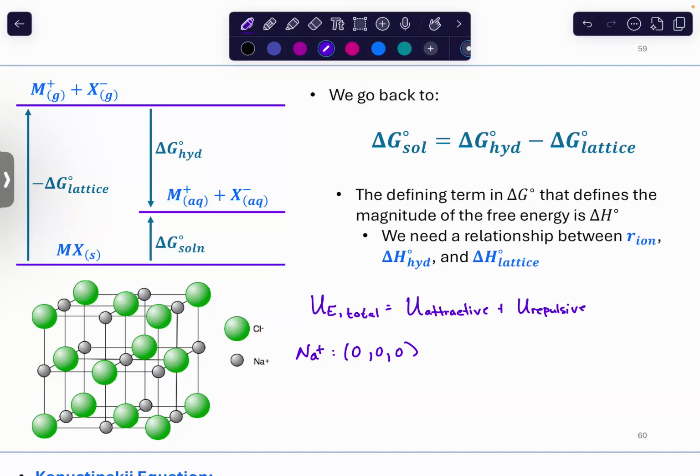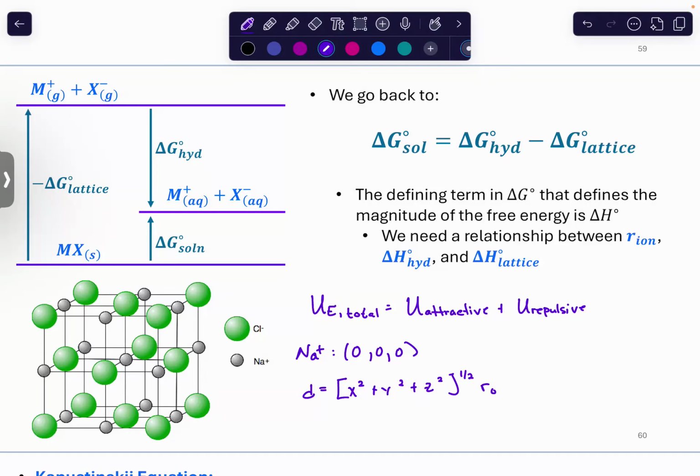All of your other ions with respect to that central sodium, tell me if this makes sense to you, are at positions given in terms of R0, which is going to be the radius of the sodium right in the center.